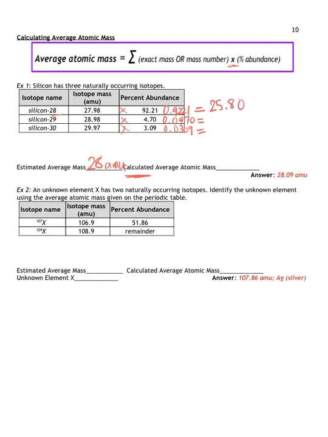Notice how big that number is, because the percent abundance is 92.21%, which means it's going to have a greater weight on the mass. This one is only small, 1.362.